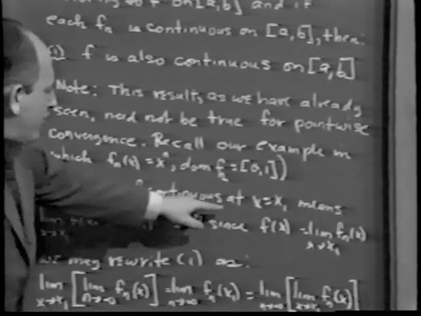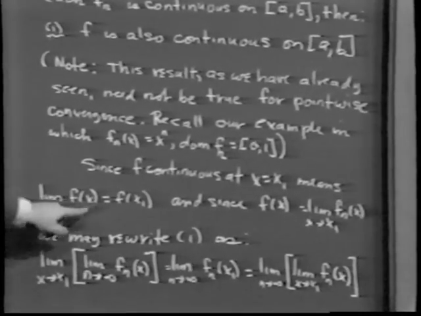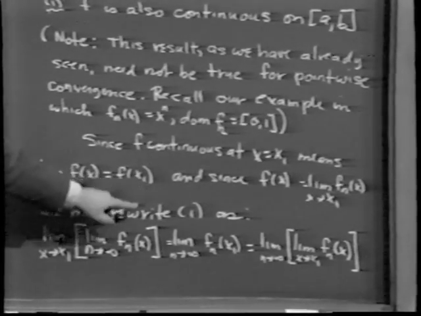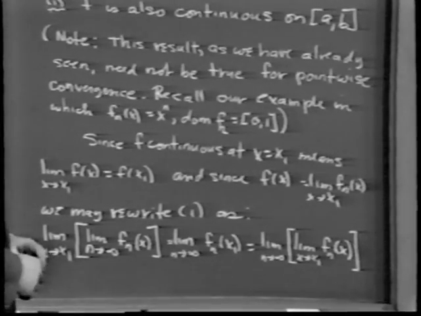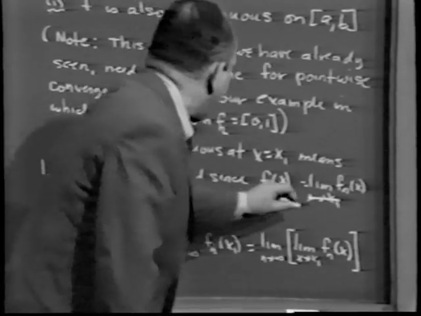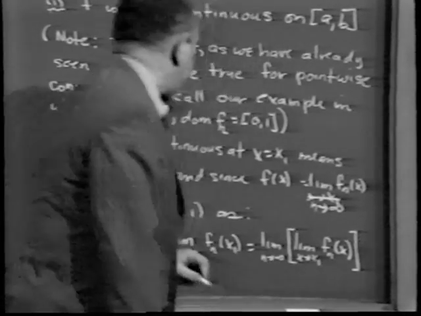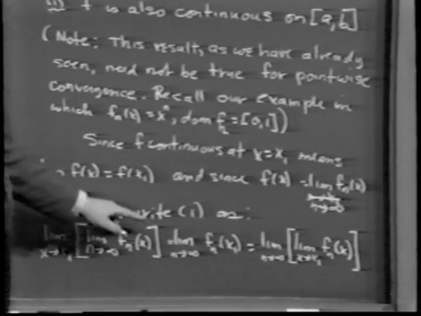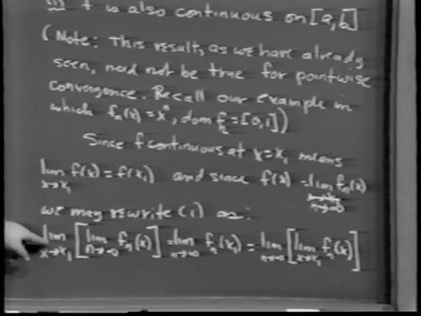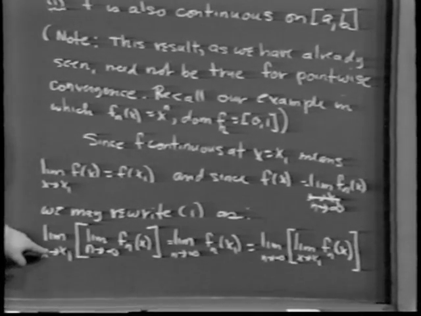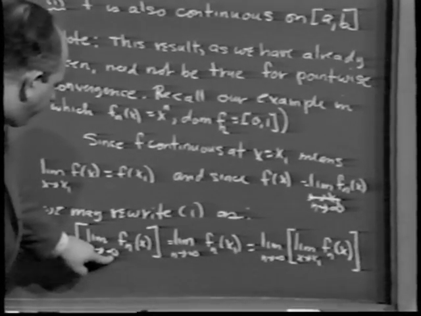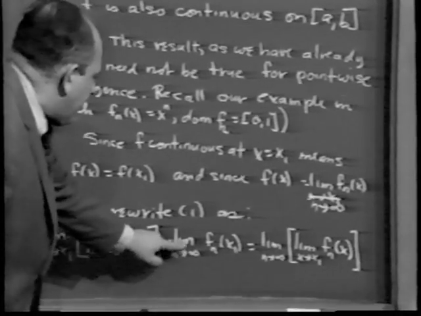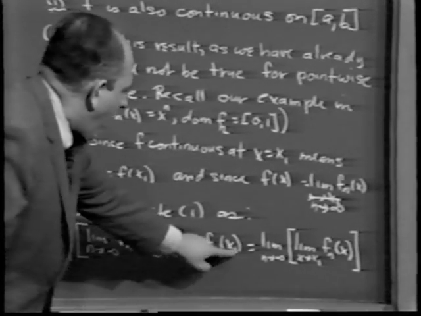Since f continuous at x equals x sub 1 means that the limit of f of x as x approaches x1 is f of x1, and since f of x itself by definition is the limit of f sub n of x as n approaches infinity, we may rewrite our first condition in the form: the limit as x approaches x1 of the limit as n approaches infinity of f sub n of x equals the limit as n approaches infinity of f sub n of x1.